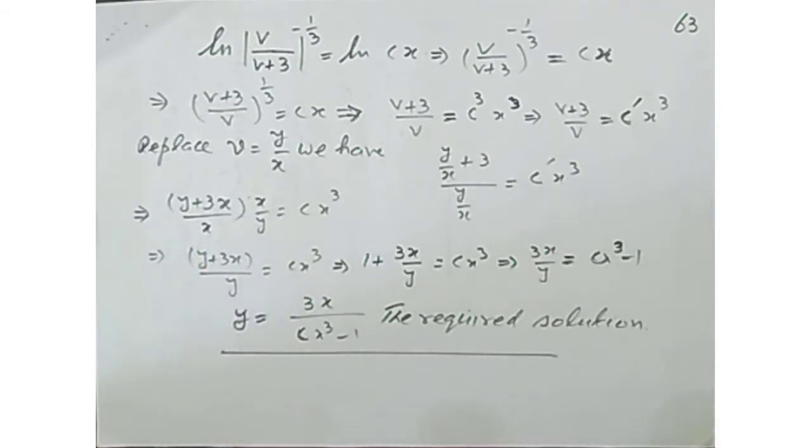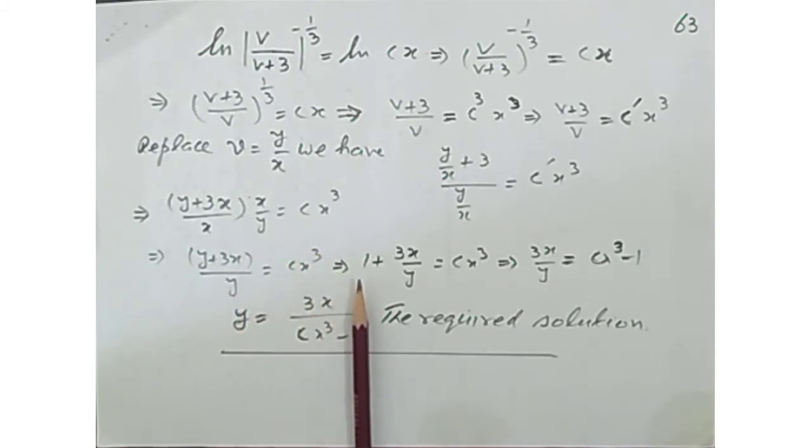Now replace the value of v. v is y by x, so in place of v we put y over x. So this becomes (y plus 3x) over x into x over y equal to c x cube, and this becomes (y plus 3x) over y, the x's cancel, equal to c x cube.